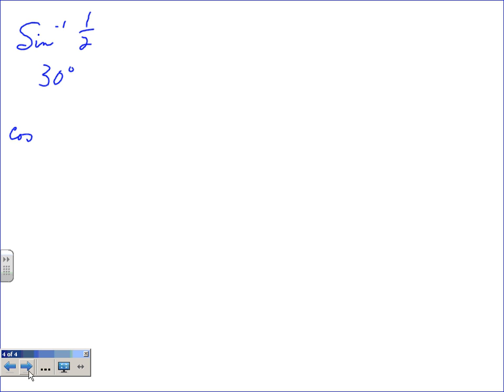Oops. I want to capitalize now. You don't want rotations? No rotations. You want 30 degrees. If it's positive, it's going to be in the first quadrant. That's it. Don't go in any other quadrant. Cosine of what angle is 1/2? 60 degrees.